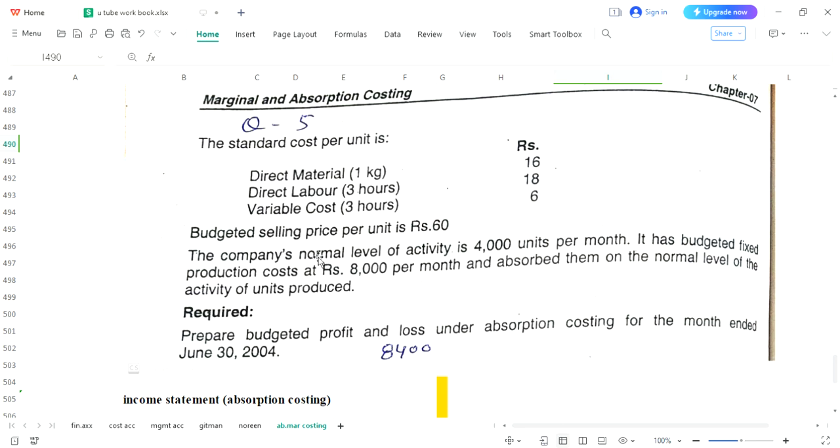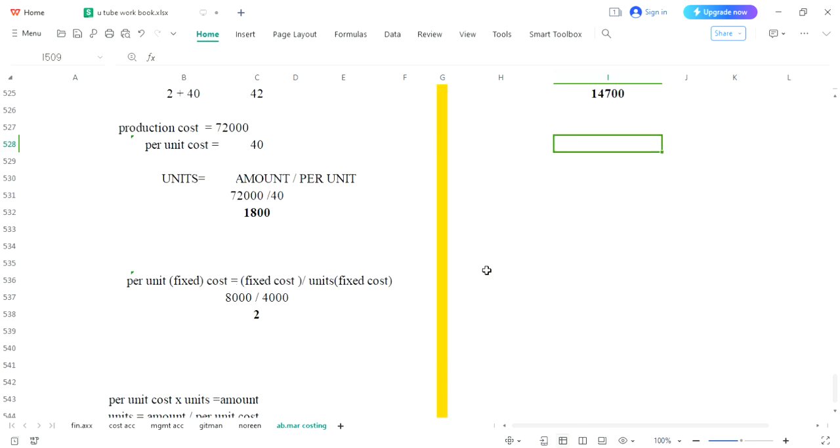Alright, now we want to know whether we have produced less number of units or more number of units. Normal capacity of the firm is 4,000. So you can understand now, normal capacity or standard capacity was 4,000 number of units, while we have produced 1800 number of units.